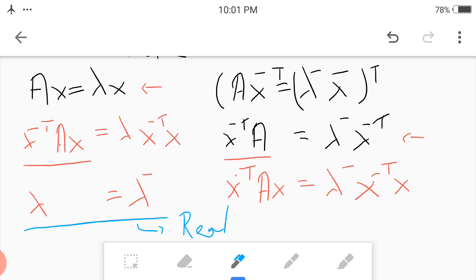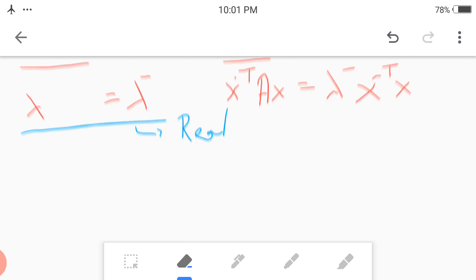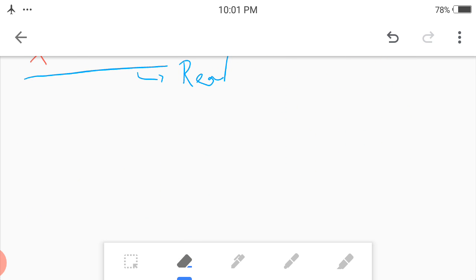Okay, now let's move on to the diagonal equation. We have already seen the diagonal equation, right? A equals capital lambda S inverse. So what does S stand for? It stands for the matrix of eigenvectors.